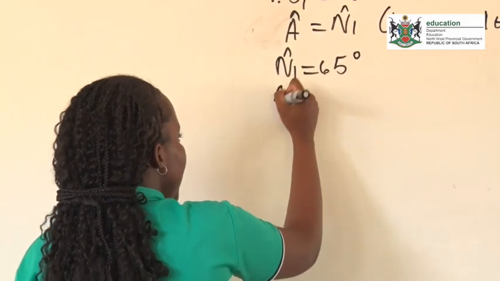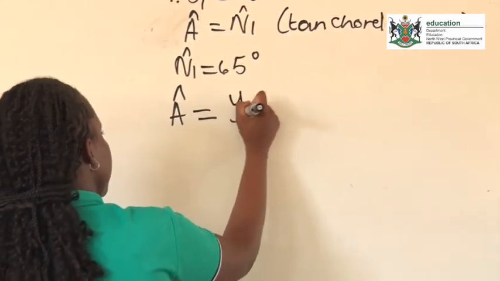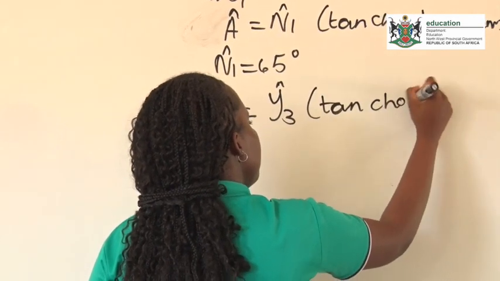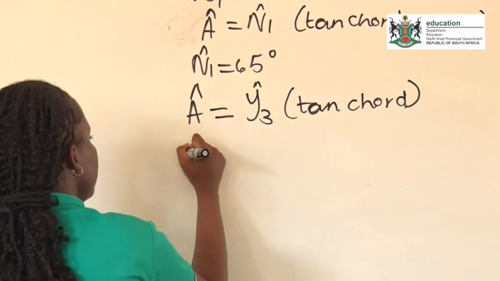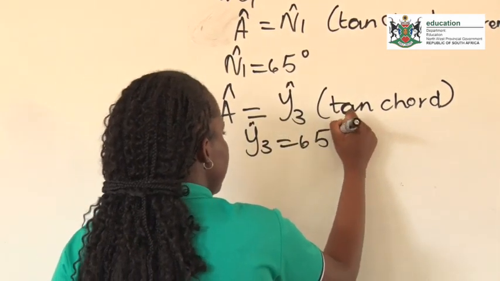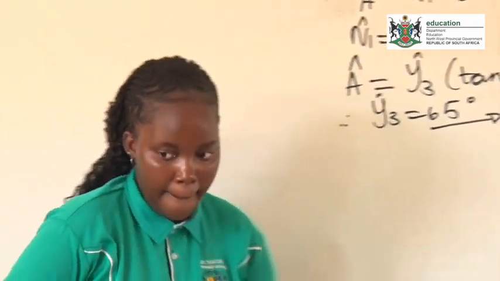So we're going to say angle A again is equal to angle Y, tan chord. Therefore, angle Y. Right. Thank you so much. Let's give her a hand once more.